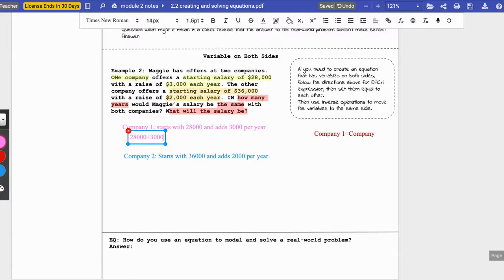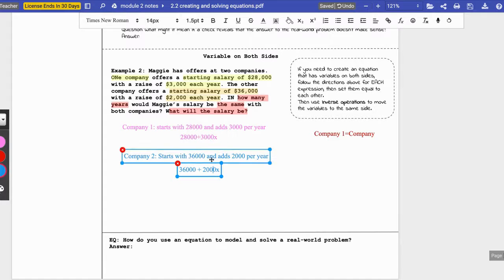Since I'm adding per year, I'm going to slap an X. If anything is recurring, it's going to have a variable there. I could have chosen Y, I could have chosen M, it doesn't matter. I just chose X because that's something we're comfortable with. I'm going to do the same thing with company 2. It starts with 36,000 and then adds 2,000 per year, so 2,000x.